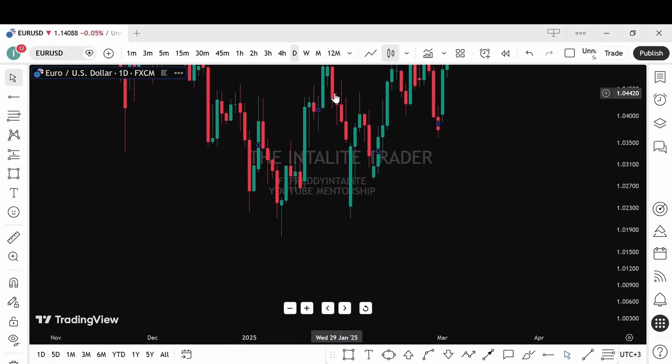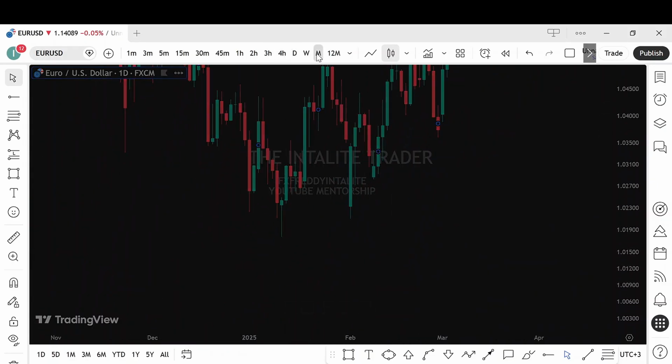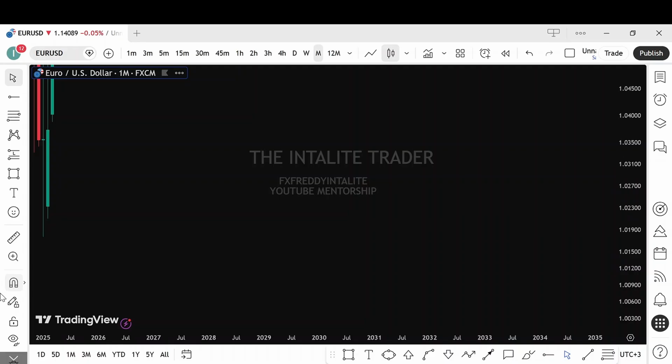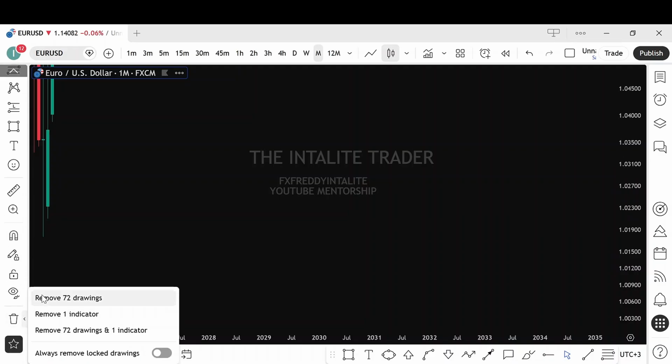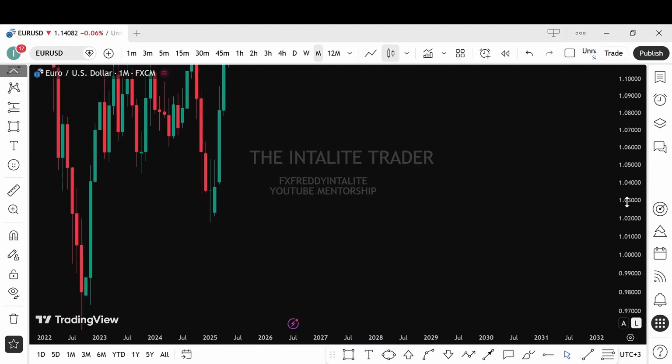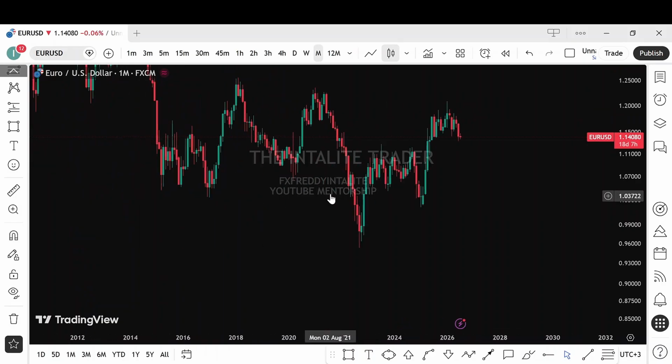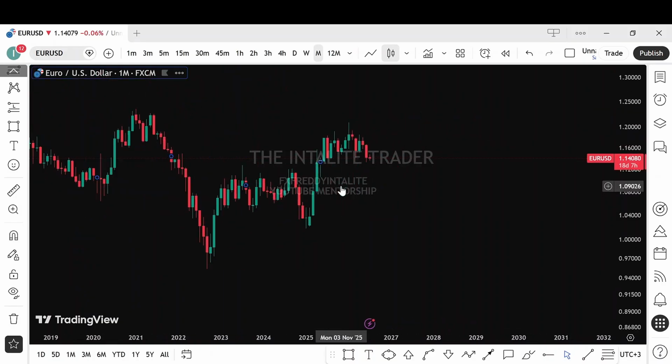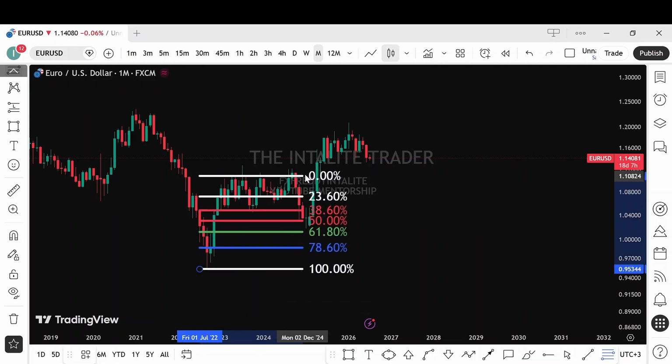Even when you go on the monthly time frame, it is still the same thing. You can still identify deep pullbacks versus shallow pullbacks. Let's say this is a monthly time frame, and you have your swing low here.